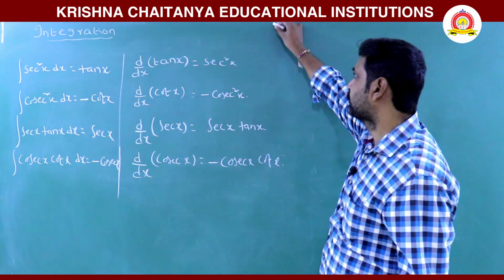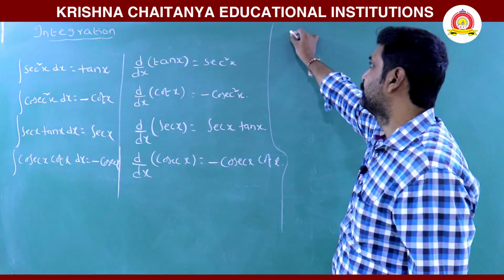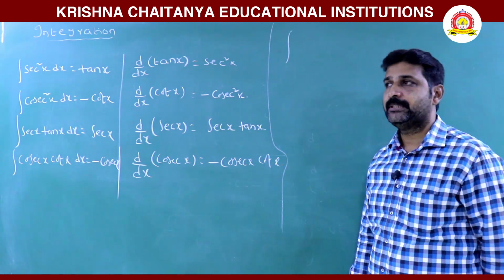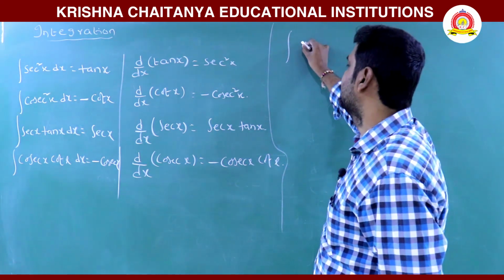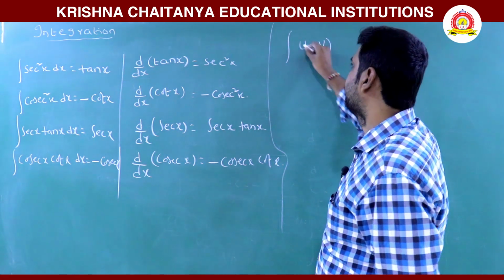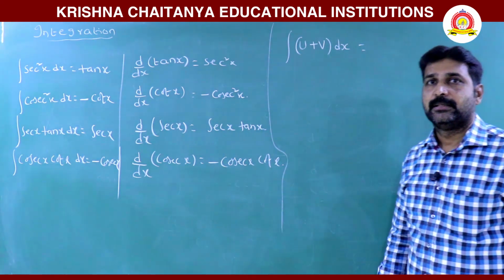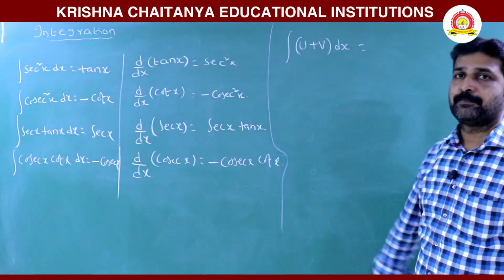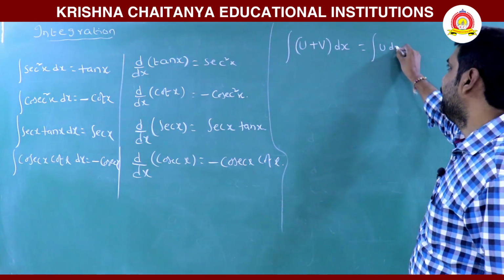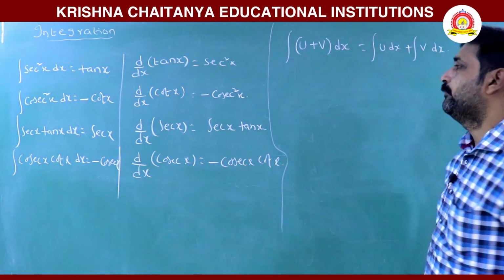Now in integration, if there is an integral of some physical quantities, say u plus v, dx, then the integration will be done in two parts: integral u dx plus integral v dx.